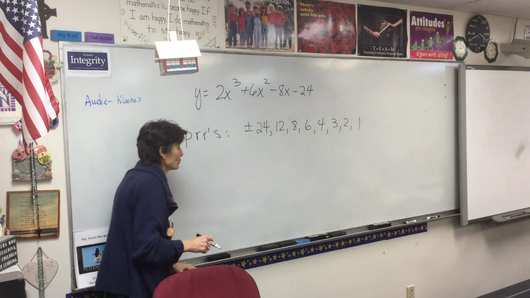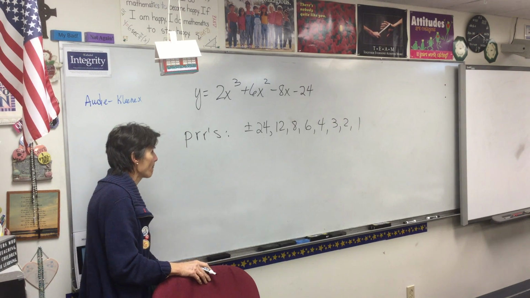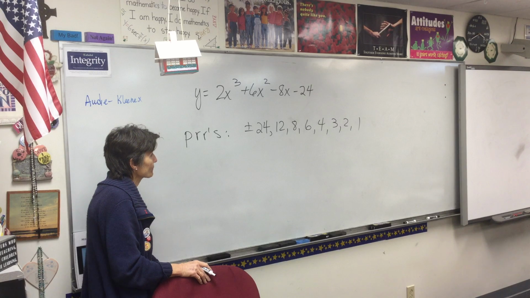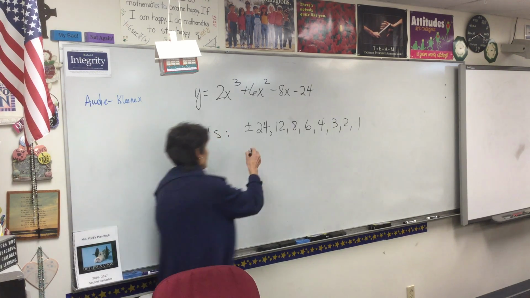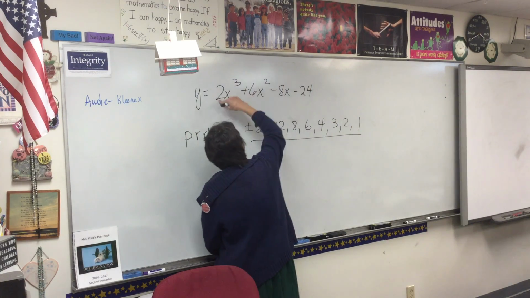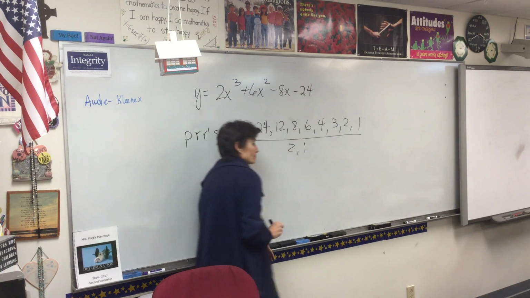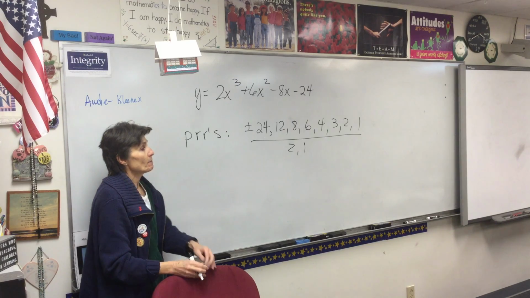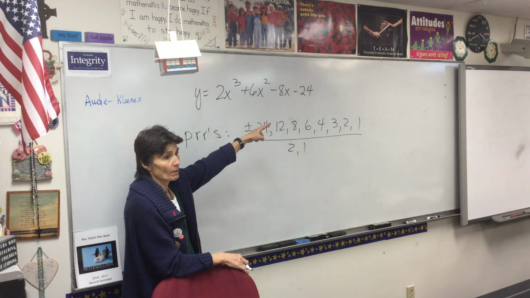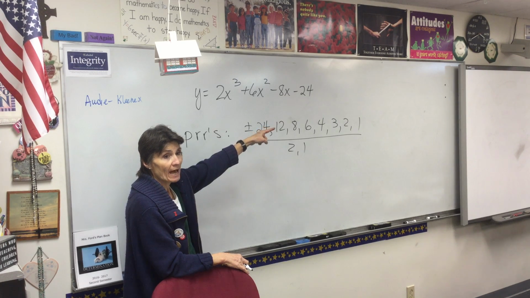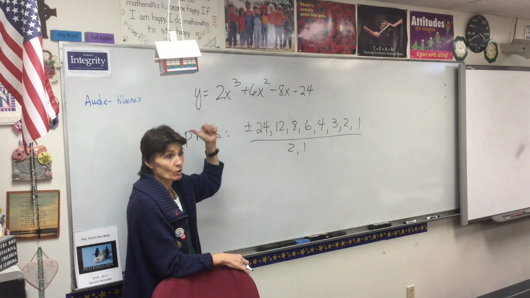All the factors of 24, did I get them all? Yeah. Okay. Over factors of 2. Remember, the PRRs are factors of the last number over factors of the first number.